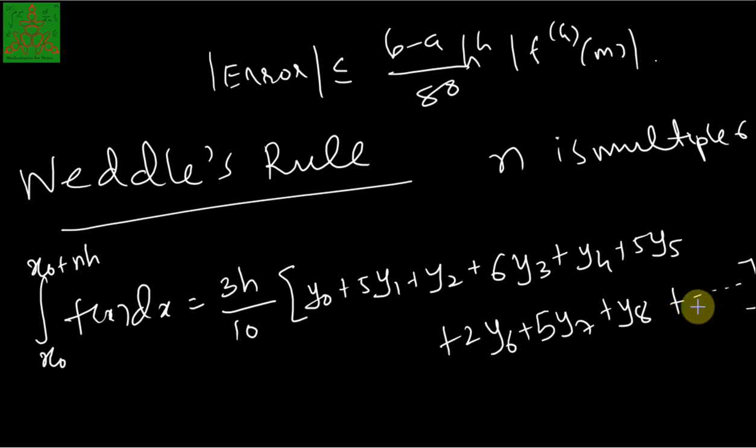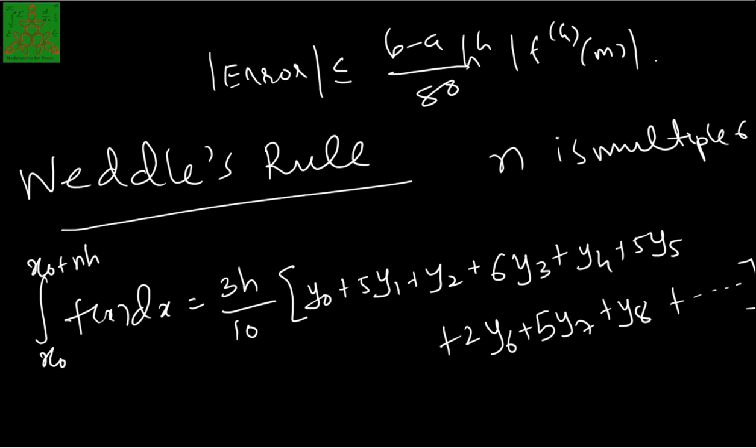So let us recall what we did in this lecture. We have discussed 4 rules to find the approximate value of integration. The first one is the trapezoidal rule, which is used with strips of trapezoids found separately. Then Simpson's one-third rule, which you use when you divide your interval AB into an even number of equal subintervals.